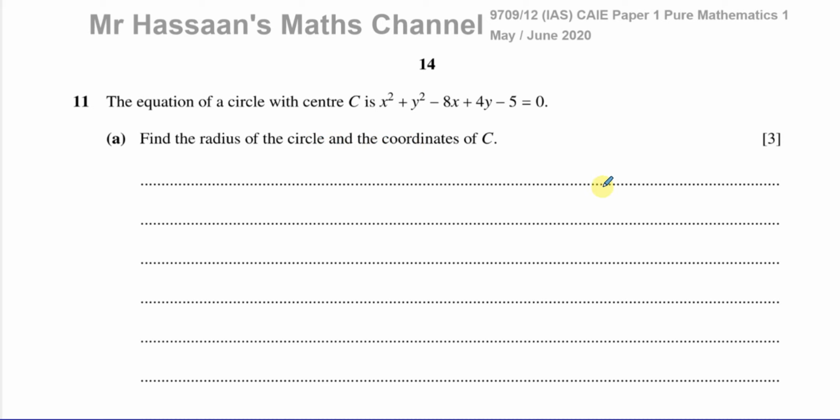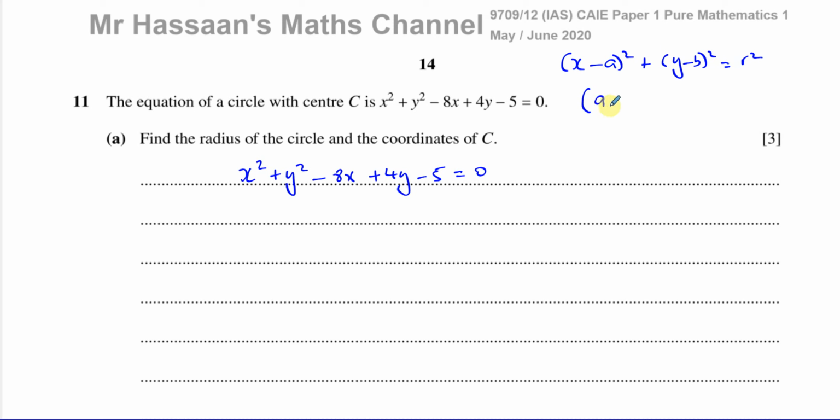Right. In order for us to write the equation of a circle in a format which is easy for us to read from it the center of the circle and its radius, we need to write it in this form: (x minus a) squared plus (y minus b) squared equals r squared, where whatever goes inside the x bracket to make it 0 is the x coordinate of the center.